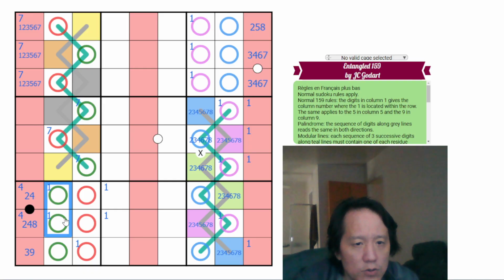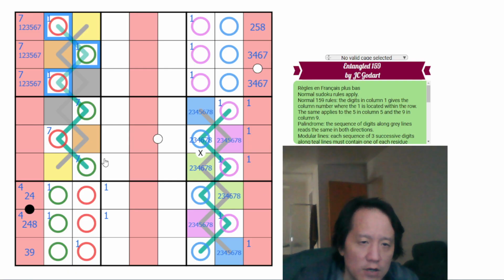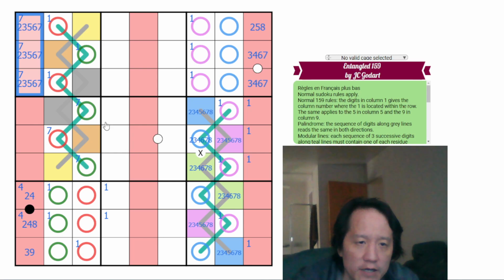So we know, right, the 4 has to be one of these 3. The 4 also has to be one of these 3, which means the 1 is here. Okay, that tells us a lot, actually.